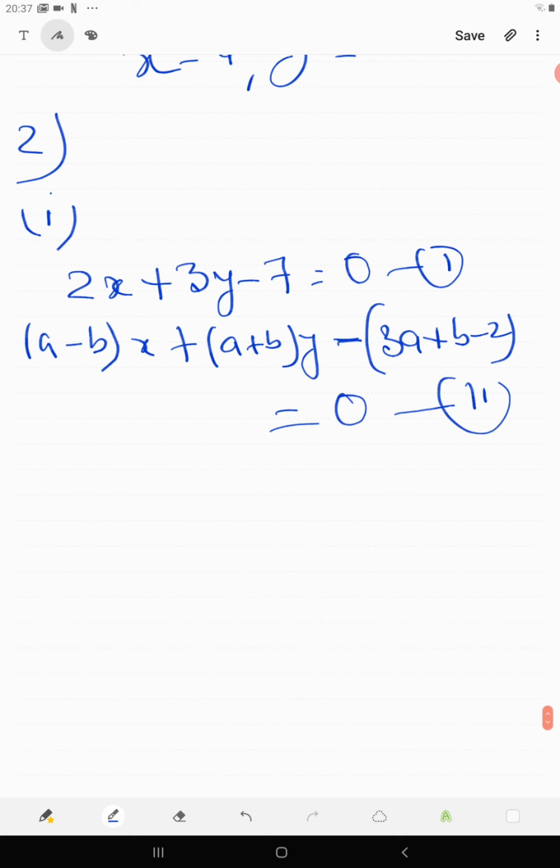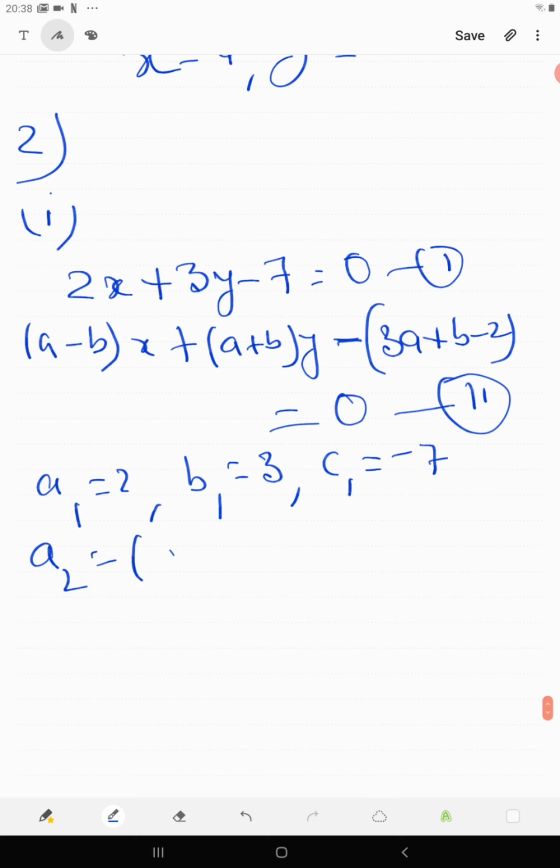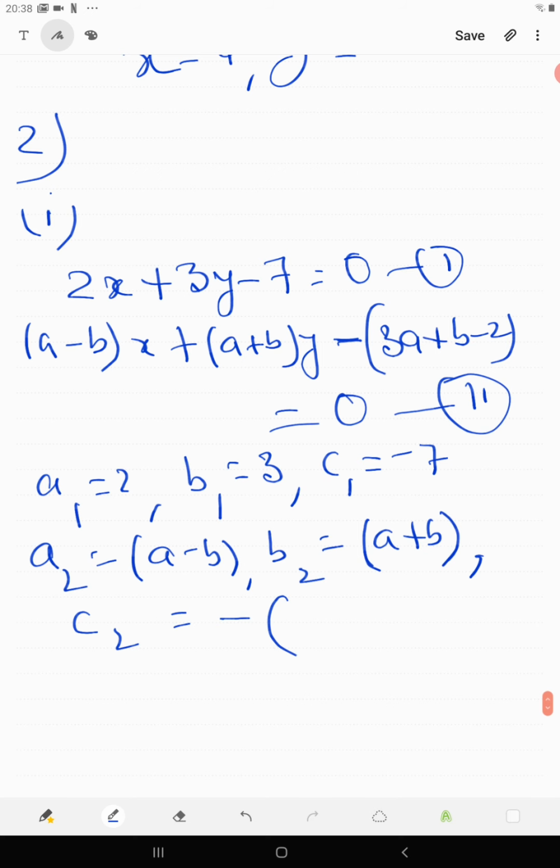This is our equation 2. So what is a1 here? a1 equals 2, b1 equals 3, and c1 equals minus 7. For the second equation, a2 equals a minus b, b2 equals a plus b, and c2 equals minus of (3a plus b minus 2). Okay.